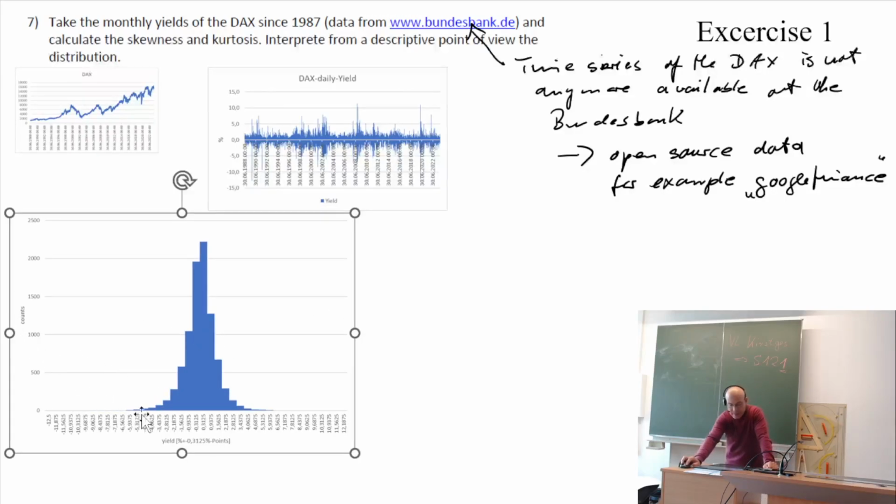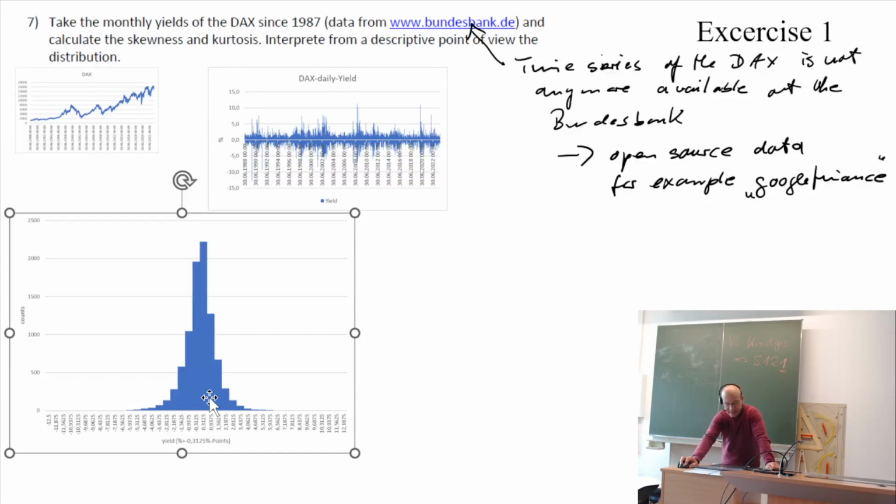We see just by eye it's a more or less symmetric distribution around the yield of 0%, so with no change from one day to the other.